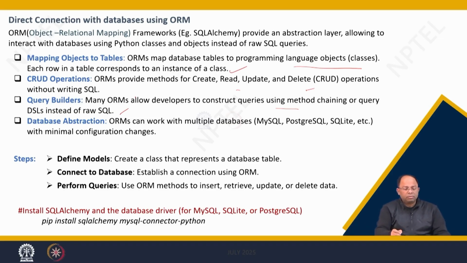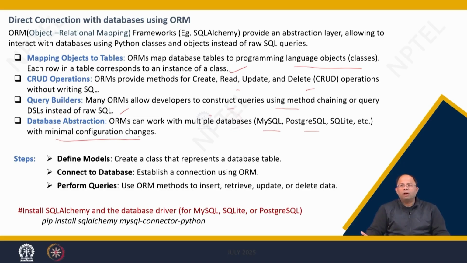That is what can be done in ORM frameworks. And then database abstraction happens, that is, ORMs can work with multiple databases like MySQL, Postgres, SQLite and so on. So, you do not need separate connectors. Through the ORM itself you can connect to any database, right. So, the amount of configuration changes would be much more limited.